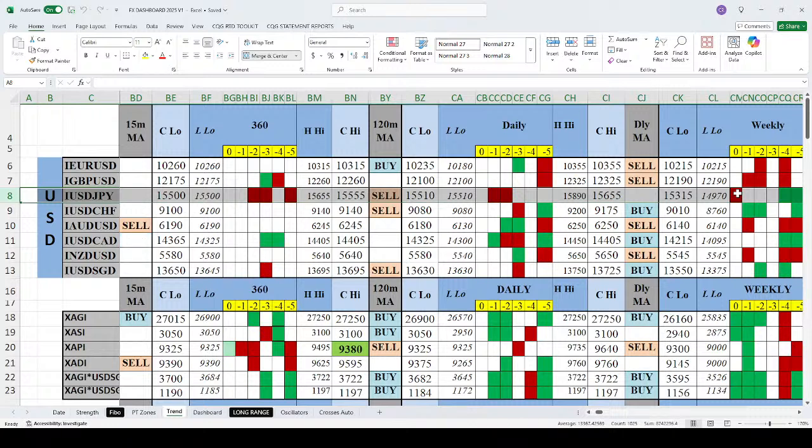Okay, then we should be going for sell. Then, as far as the strength is concerned, 15 minute, this is flat. 120 is showing some strength. Daily is flat. So which means to say that on the hourly, okay, we should be expecting the low to break on the hourly and expect the price to go lower.